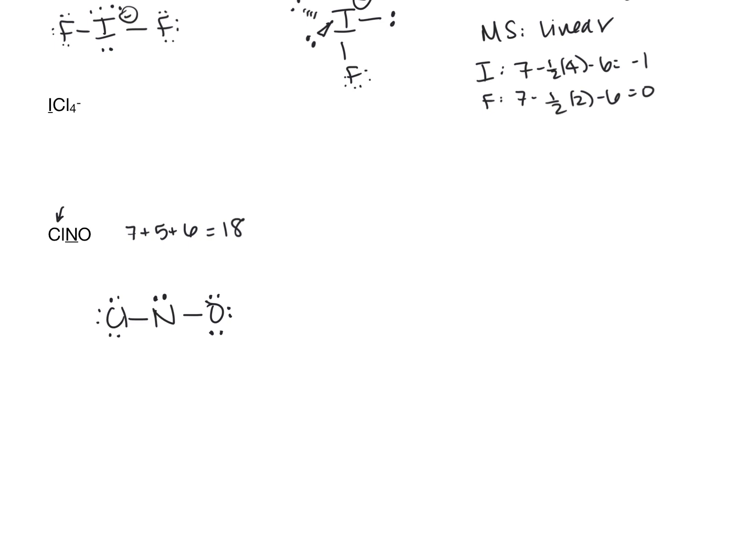So we are going to use the oxygen and put them here. Chlorine doesn't make double bonds. So then we have this structure. Or the other alternative would have been this structure.